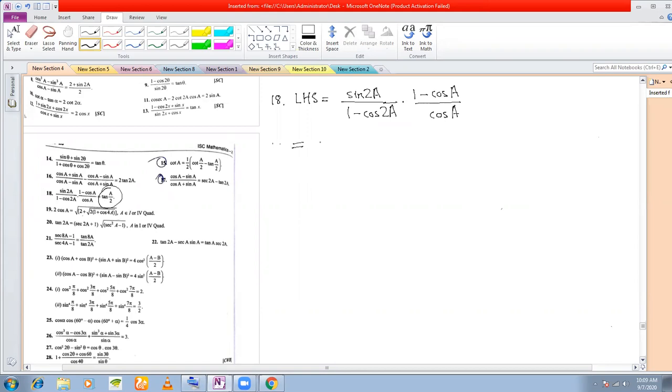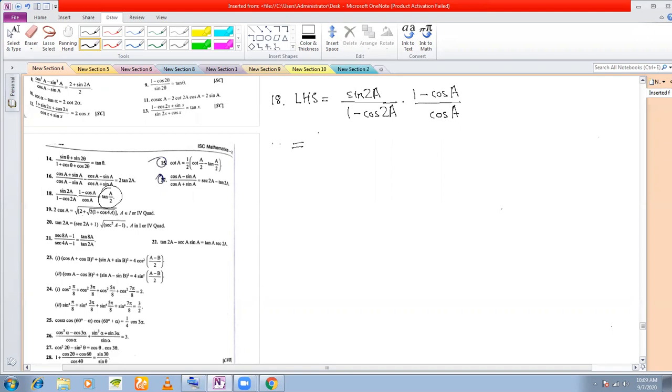So how should we show? See, first what you do here is see that all the angles, whether 2a, a, all have been reduced to a by 2. So what we'll do is we'll first convert these 2a angles from double angles to single angles. Okay.